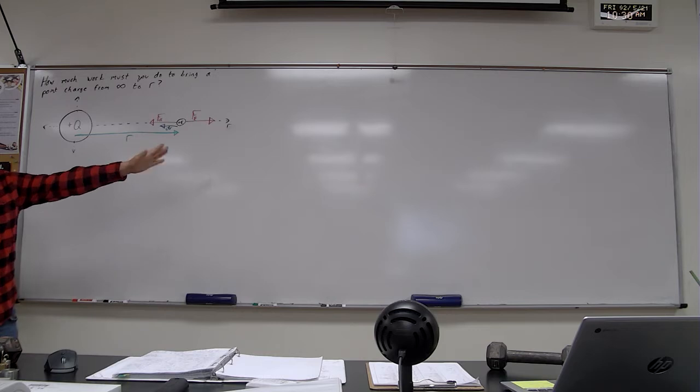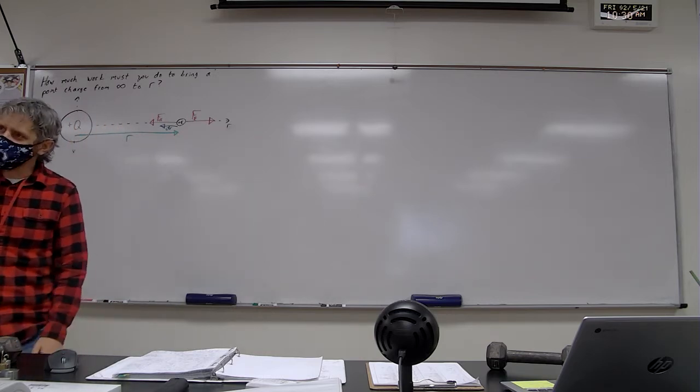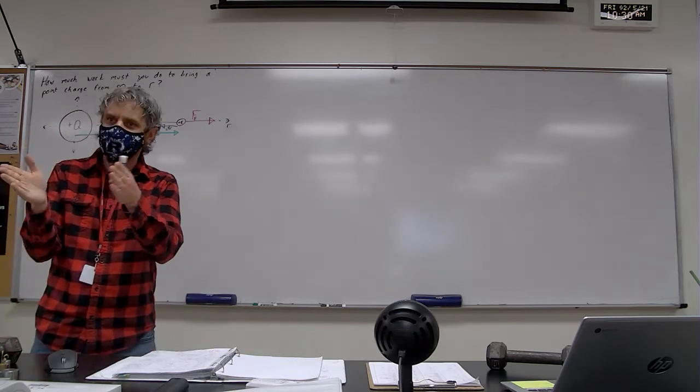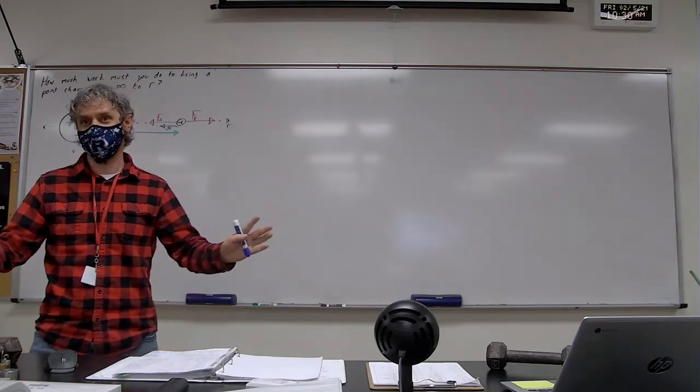Going from infinity to here, you have an infinite number of infinitesimally small drs, the forces do work over each of those tiny increments, and then you add them all up by doing the integral, and you get the total work done.